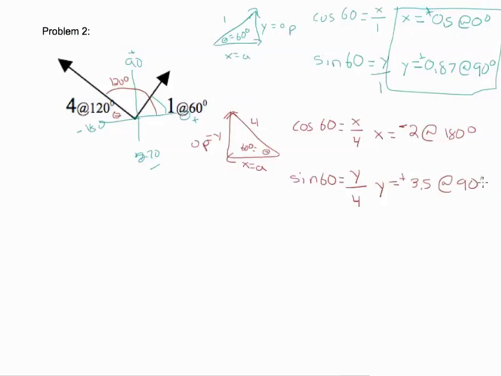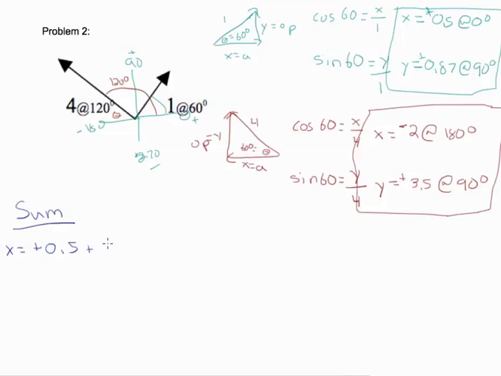So we can sum them. For x, we have 0.5 plus negative 2 gives us negative 1.5, and because it's negative, we know that means it's at 180.